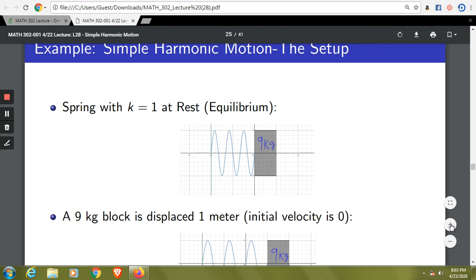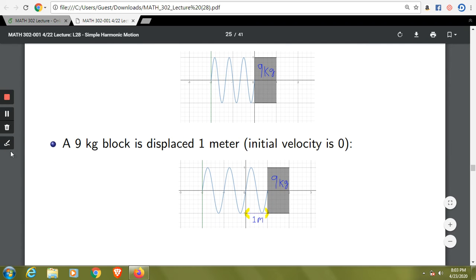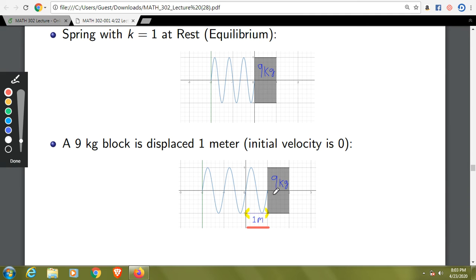We displace this block 1 meter from equilibrium. It was originally at the origin, goes 1 meter over, and initially we just displace it, its velocity is 0.